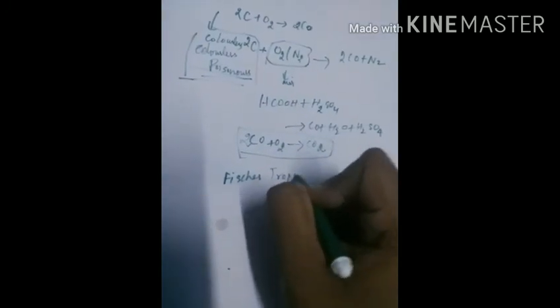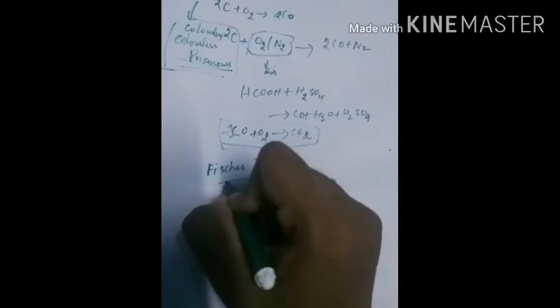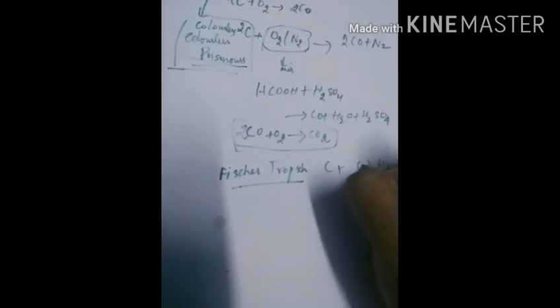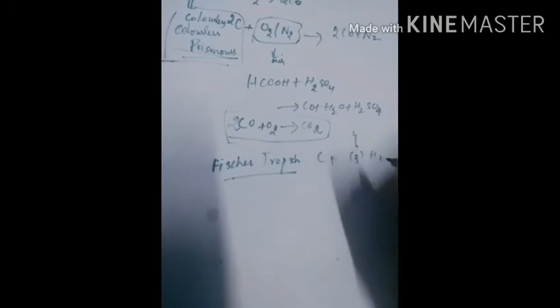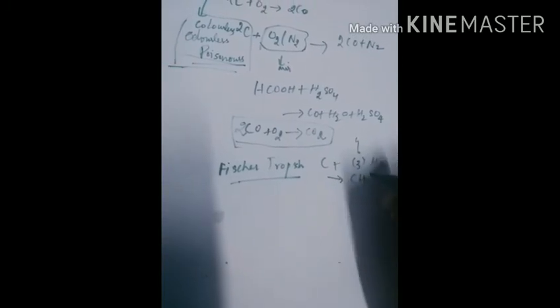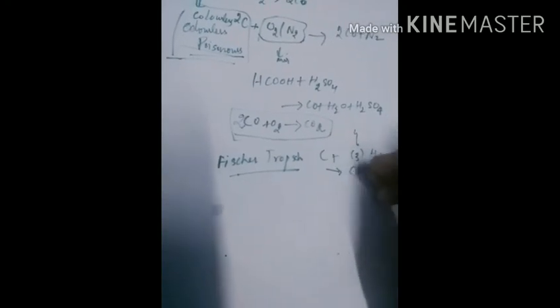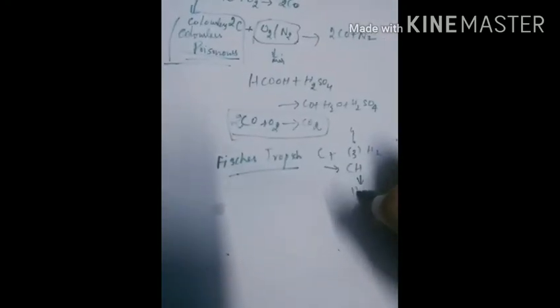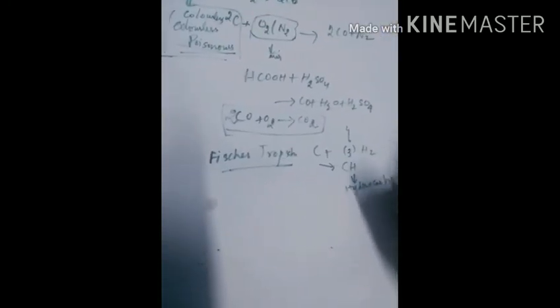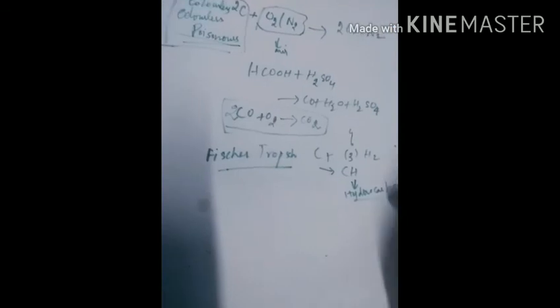In Fischer-Tropsch synthesis, carbon monoxide is combined with some multiple of hydrogen, like 3 or 6 or 4 times, to give hydrocarbons. When hydrogen is combined with carbon, they form organic compounds, so they are called hydrocarbons.